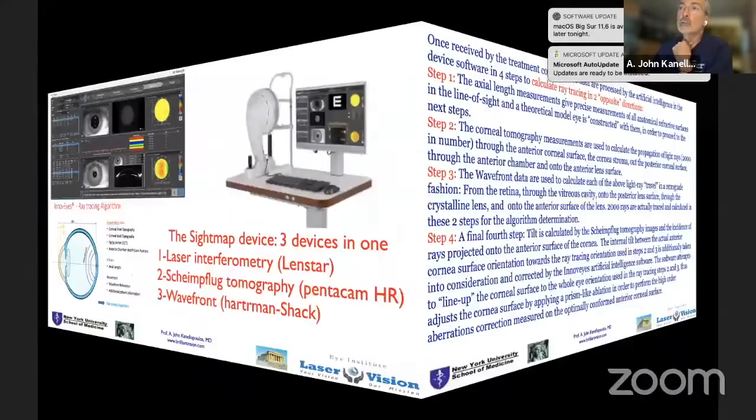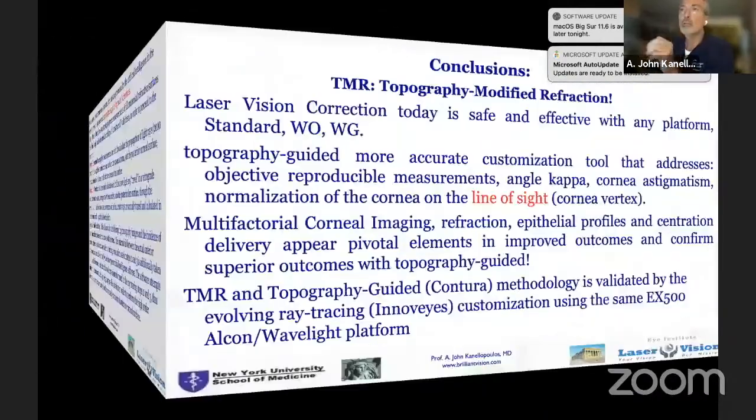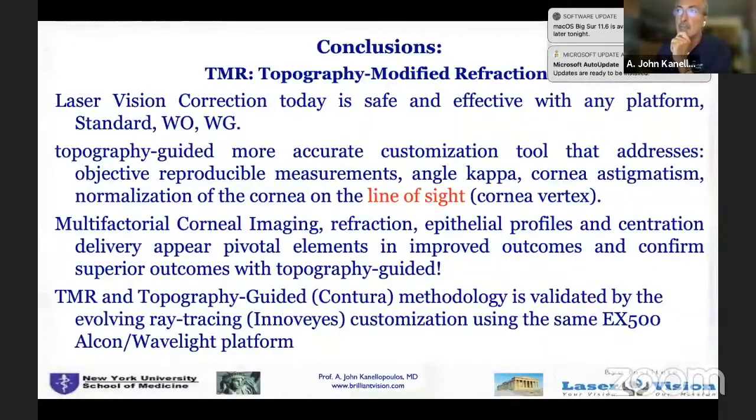And there is an ongoing US study, international study with ray tracing. I will not go into that in depth, but I wanted to mention that the ray tracing, the Innovize data really underlined what I spoke about before, our outstanding Contura data.